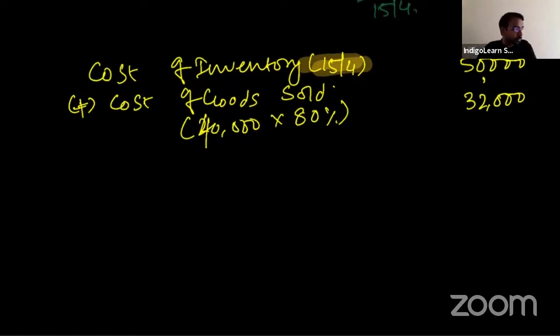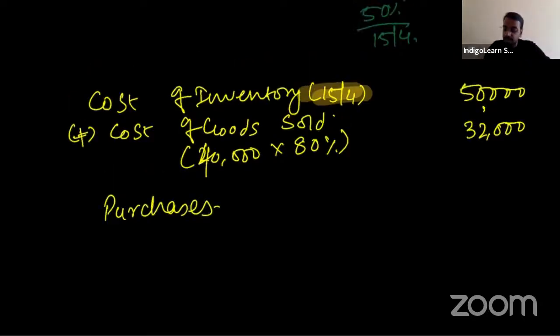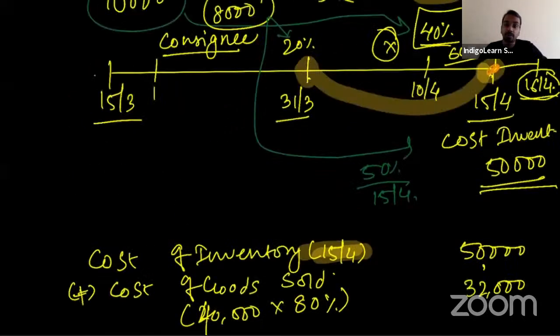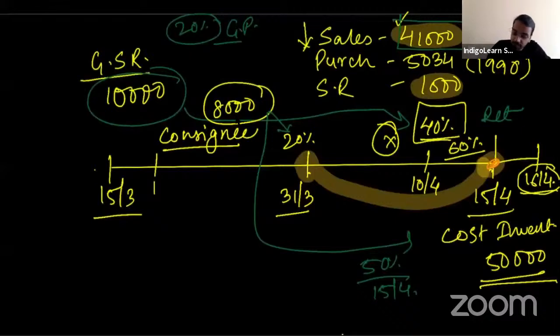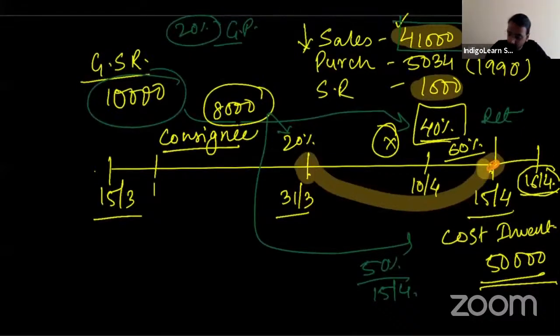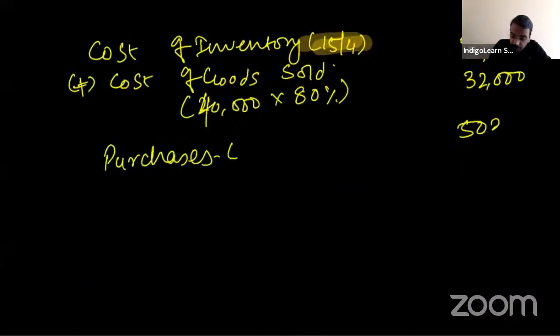Then, second adjustment we have to do for purchases. So, what is the purchases number? Purchases amount has been given as 5,034 and this will be at cost. We don't need to do any other adjustment for this. What will we do here? We will reduce this amount.